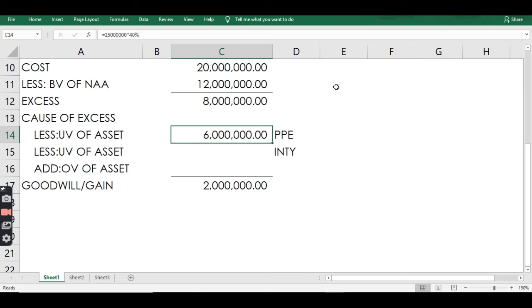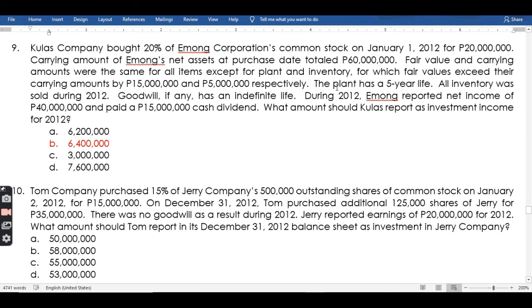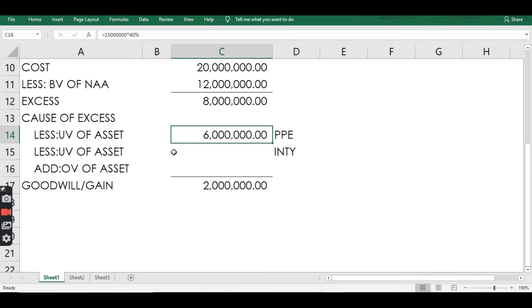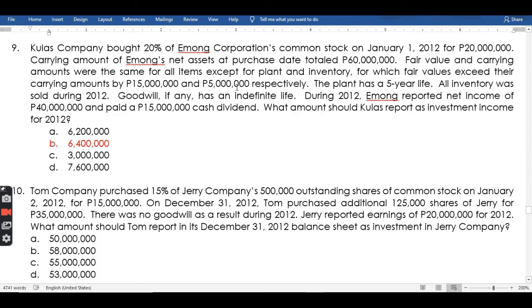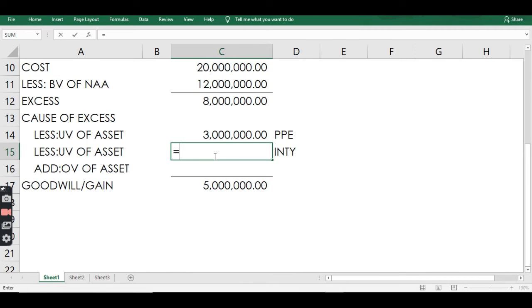So, yung PPE ay undervalued ng 15 million. Hindi atin lahat yung buong 15, yung 20% lang. So, that's going to be 15 million times 20%. Tapos, yung inventory, 5 million daw. So, that's going to be 5 million, 20% lang sa atin dyan. Okay, so yan lahat yun.